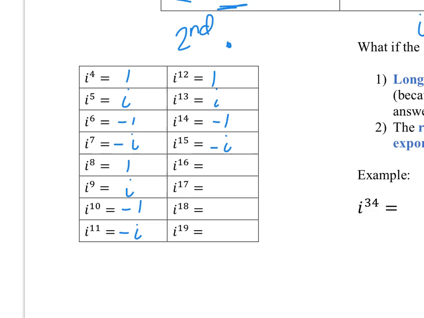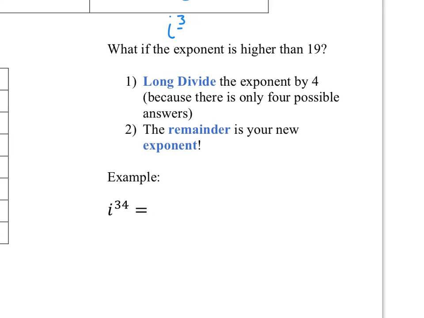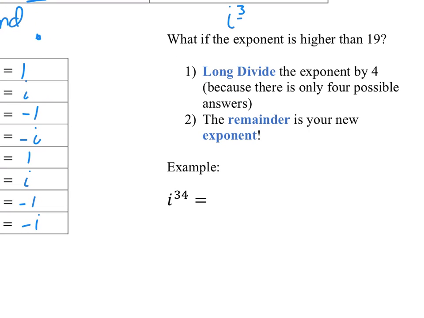There's always 4 answers. Any exponent on I will always lead you to one of these 4 answers. So if we want to reduce, say, I to the 34th power, since there's always 4 answers, you divide the exponent by 4, and you long divide.